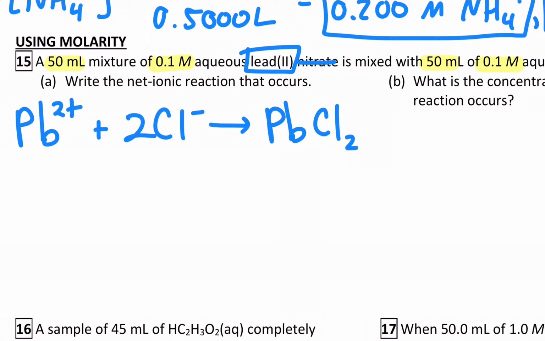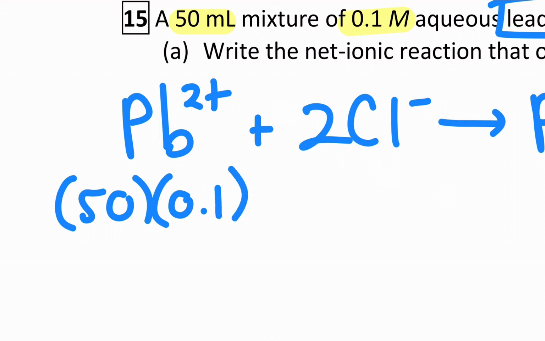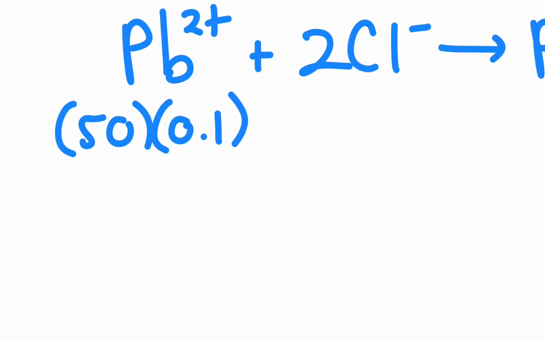And remember, volume times molarity is moles. So if I take my volume, 50, and my molarity, 0.1, that's a molarity times a milliliter. That combination will actually give you millimoles, and I can do that without a calculator. 50 times 0.1, that's 5 millimoles. So I have 5 millimoles of lead.